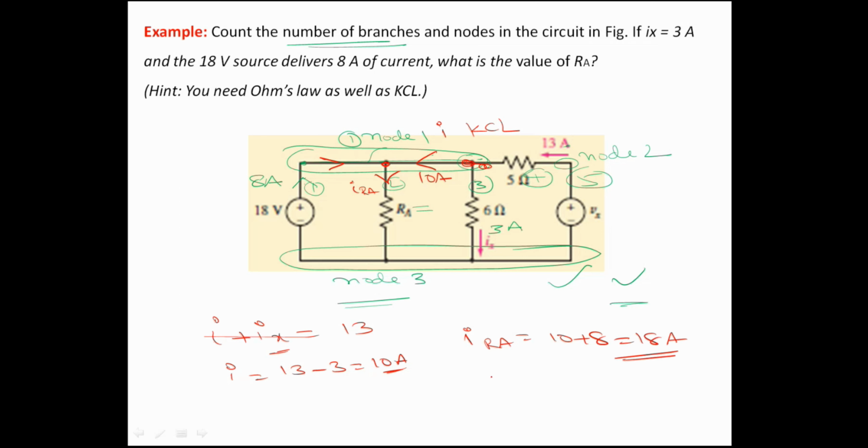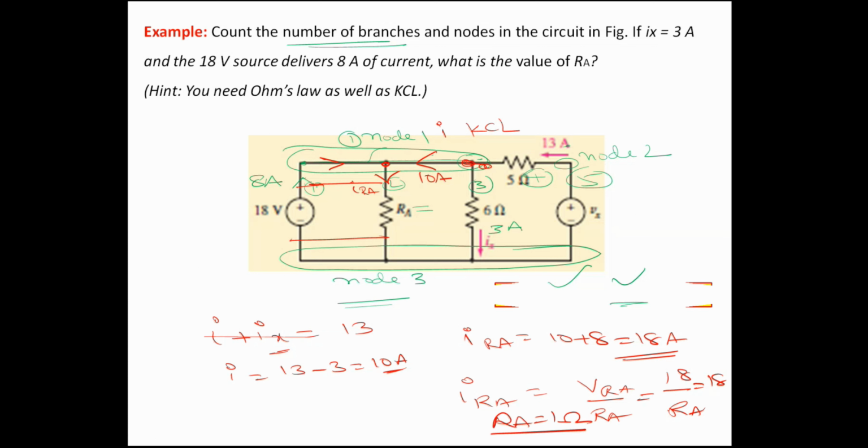When you know the 18 amperes of current, you can find RA by applying Ohm's law: IRA equal to VRA by RA. What is VRA? Looking at this diagram, the voltage across this is the same as this, that is 18 volts divided by RA, which is unknown, equal to 18.